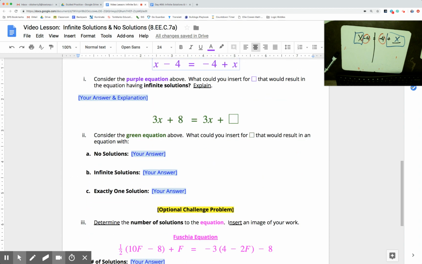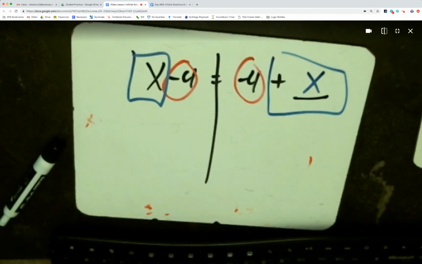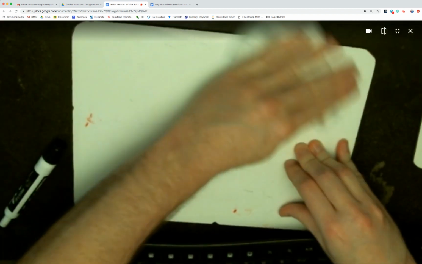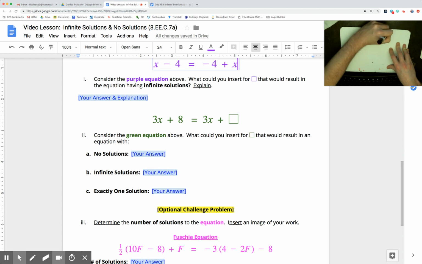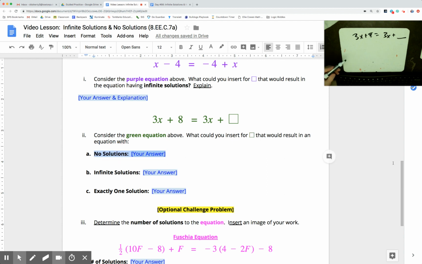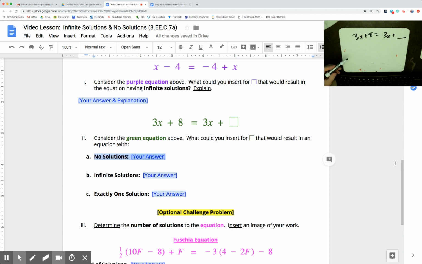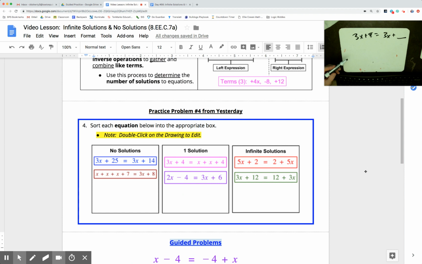For part 2, I'm going to full screen this. Give me 1 second to clean that up. We have a new equation. I'm going to put that onto the whiteboard, and they're asking us 3 scenarios now. 3x plus 8 equals 3x plus whatever term you want to plug in for this box. How do we make this equation have no solutions? The key for no solutions, you should see they have the same coefficient with their variables, just like we have here today, 3x and 3x, but a different constant.